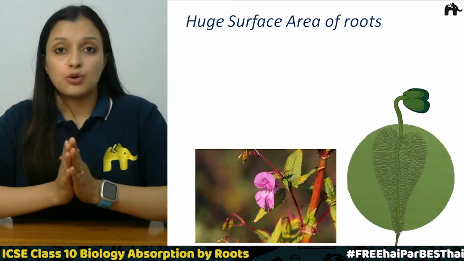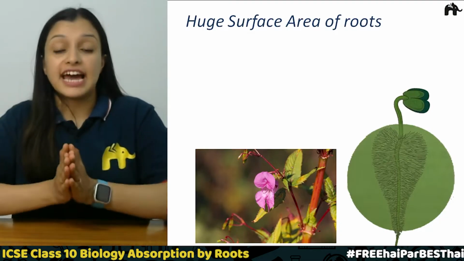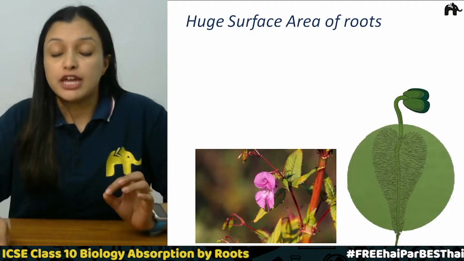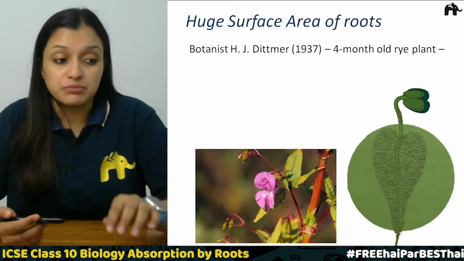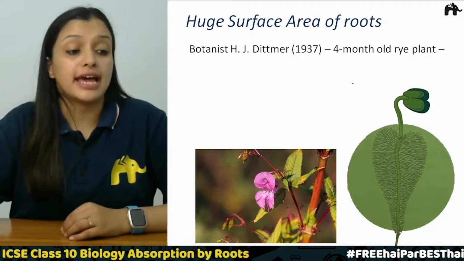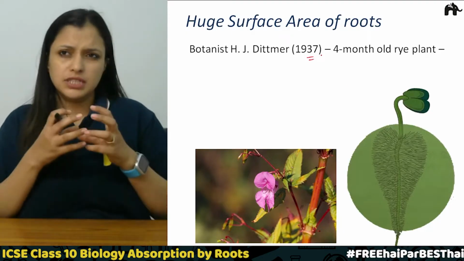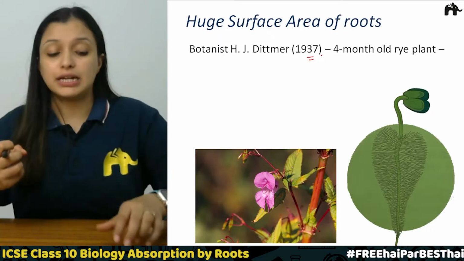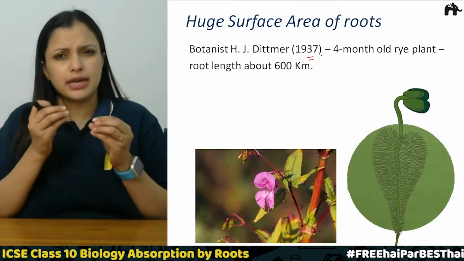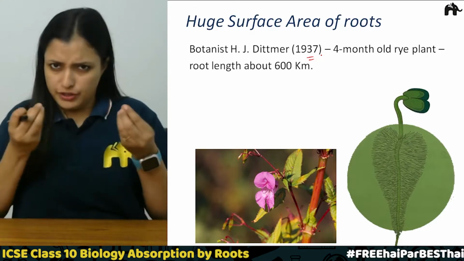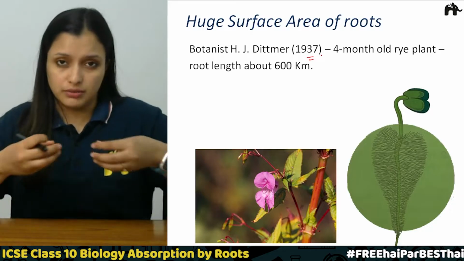So now the first characteristic, that is huge surface area of roots. There was a botanist named H.J. Dittmer. In 1937, he studied a 4-month-old rye plant. When he uprooted that plant, he found out that there were a lot of thread-like structures in the roots.